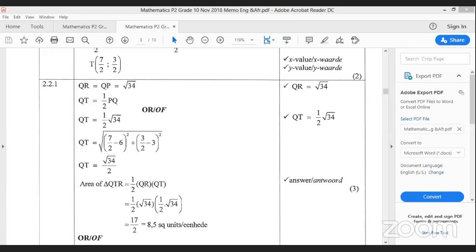So the more you practice, the more familiar you're going to be with your work, and with your formulas also. But if you just do one sum and you just close the books, unfortunately, you're not going to be familiar with your formulas, right? Okay, I'm still reading the comments.